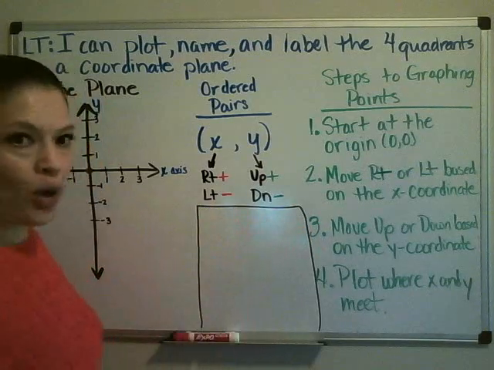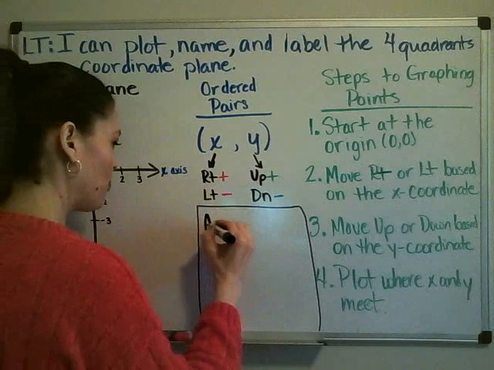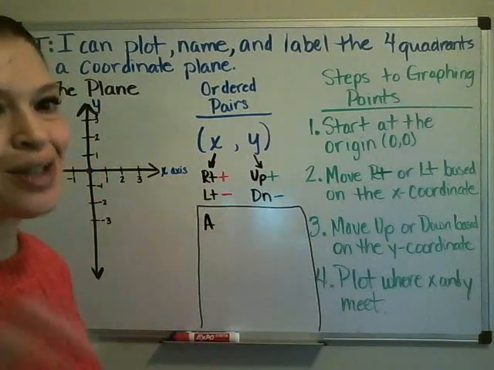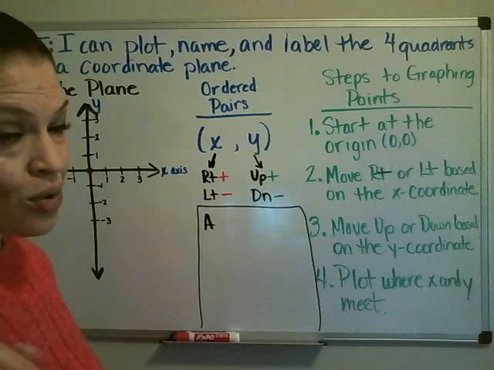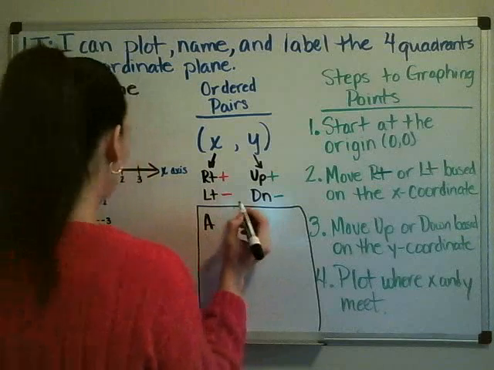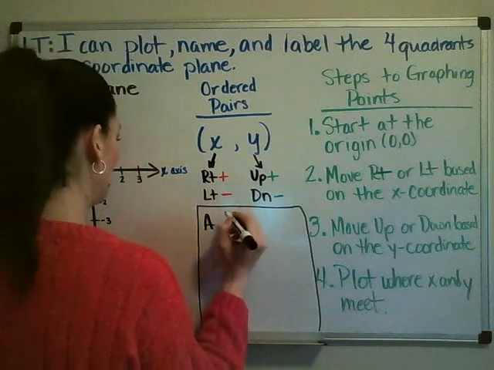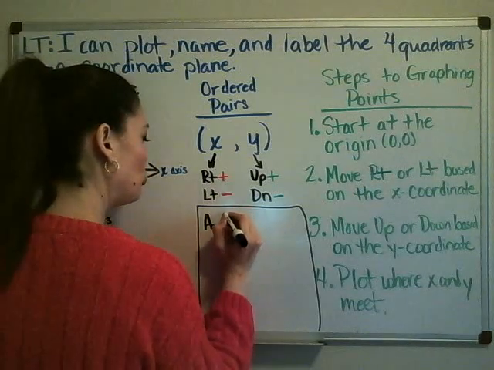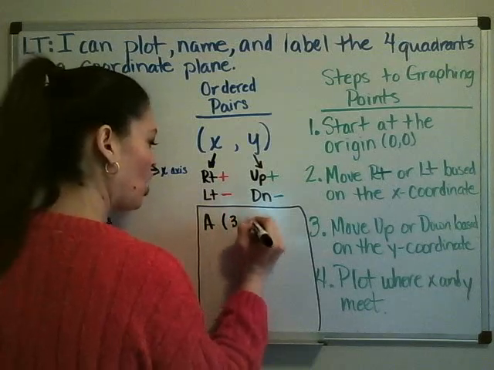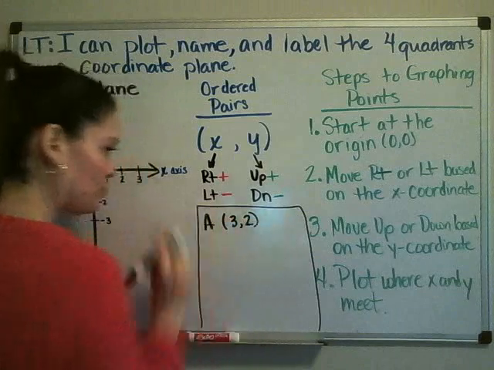Okay, let's plot point A. Let's do real easy. Let's do quadrant 1, like elementary school style, and then we're going to bump it up. All right, so if I say I want us to plot point (3, 2).